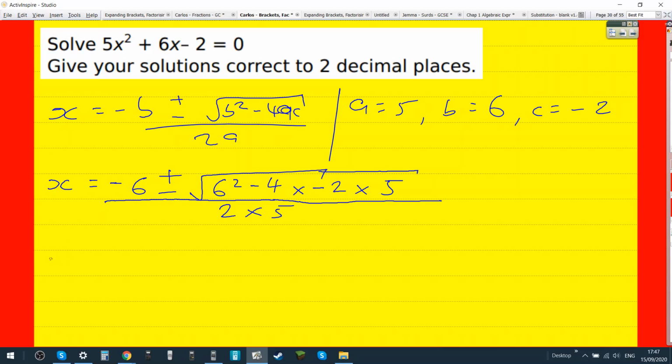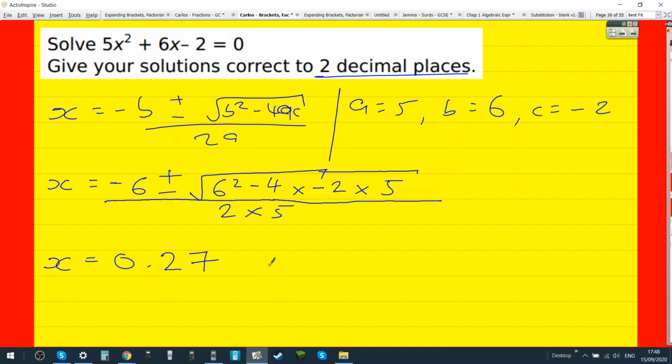And my answer was, wait, I need to do this. 0.27. And is that full marks? No. Do you have to change the plus to minus?